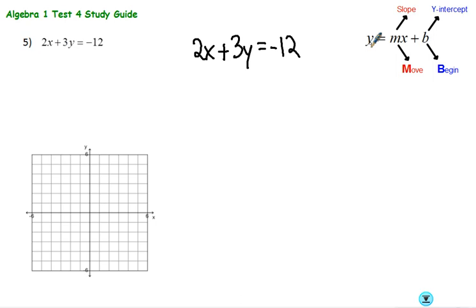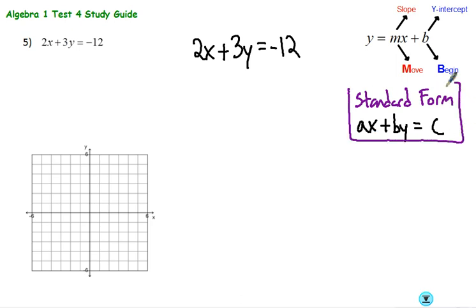Something that is in the form of ax plus by equals c, this is what we refer to as standard form. So this is in standard form, and this would be another note to make at the top left of your page, so we can tell the difference.